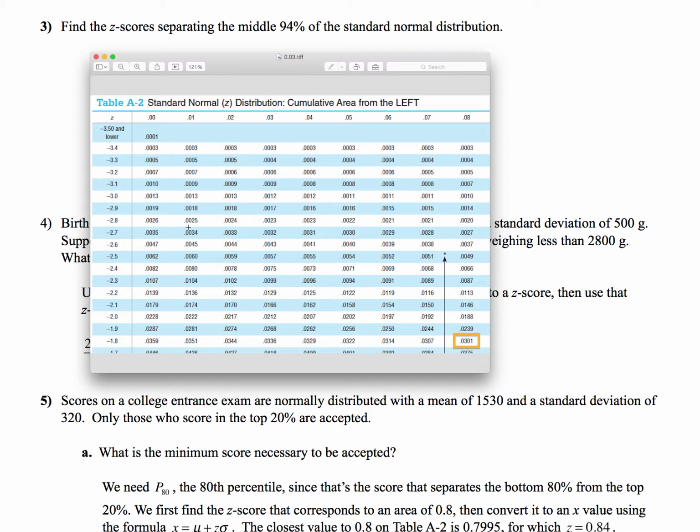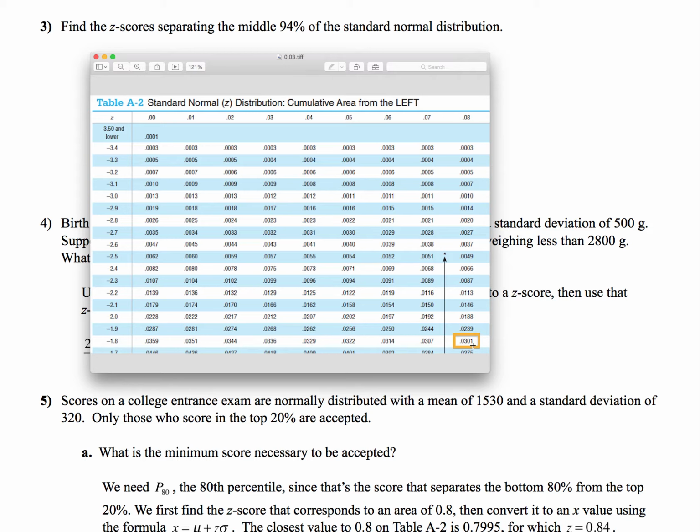So here's 0.00, 0.125, 0.2, 0.25. Okay, we're closing in. Oh, there it is. How come I didn't see that? It's got this orange rectangle around it. It's 0.0301. That's as close as we're going to get.